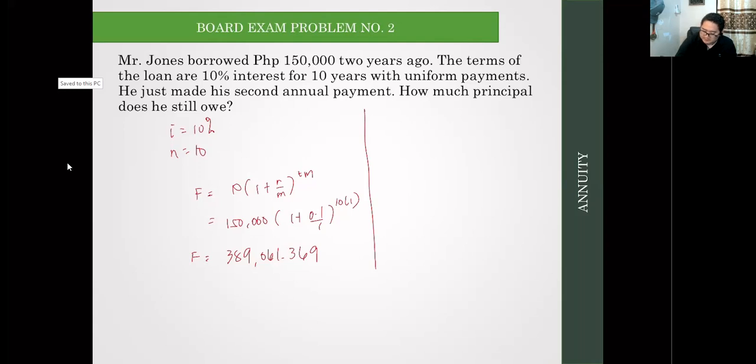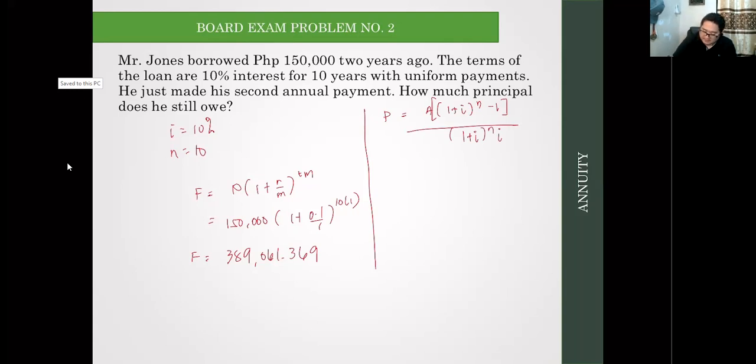So, yung present value natin is equals dun sa amortization times 1 plus I to N minus 1 over 1 plus I raised to N times I. Okay? Para makuha natin yung required na amortization payment niya.